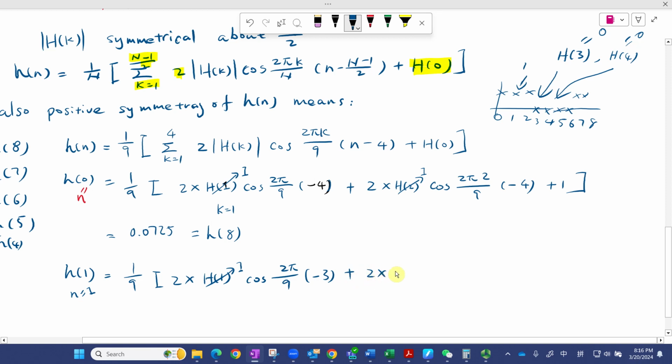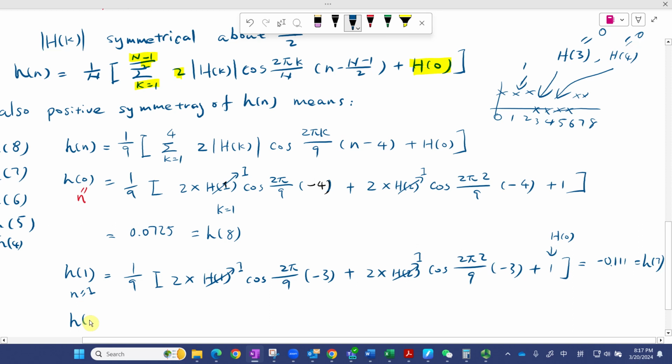And plus 2 multiplied with H2, which is another 1, and cosine 2 pi times 2 over 9, negative 3. And plus 1 for H0, the capital H0. And again, capital H3 and H4 are equal to 0, so we don't have those terms. So this h1 equals negative 0.11, which is equal to lowercase h7.